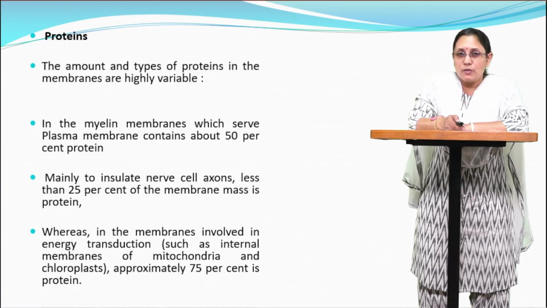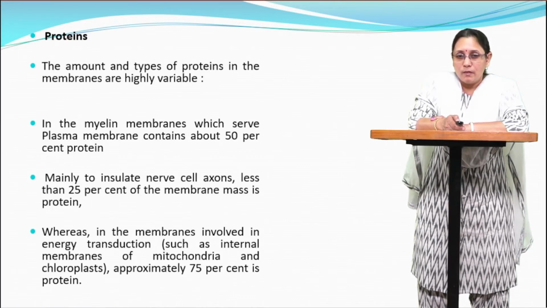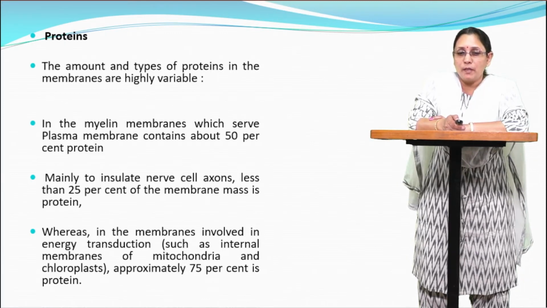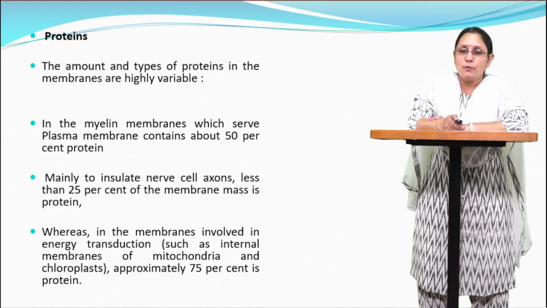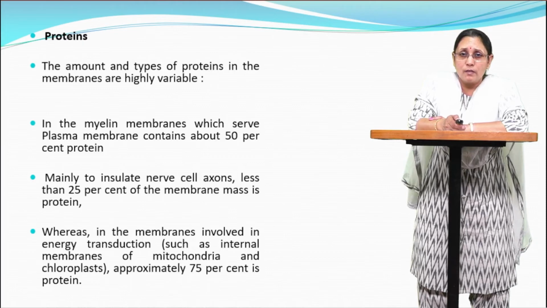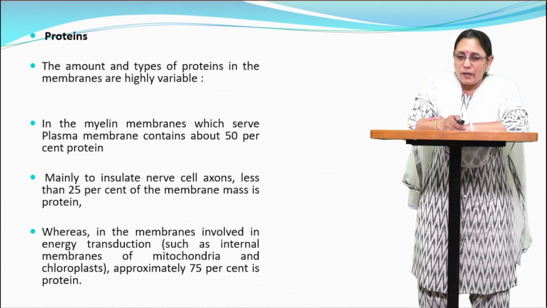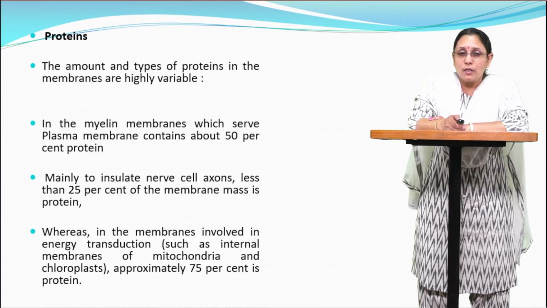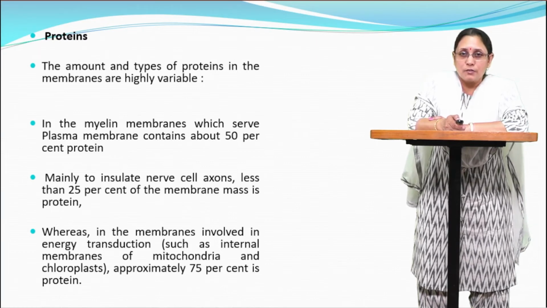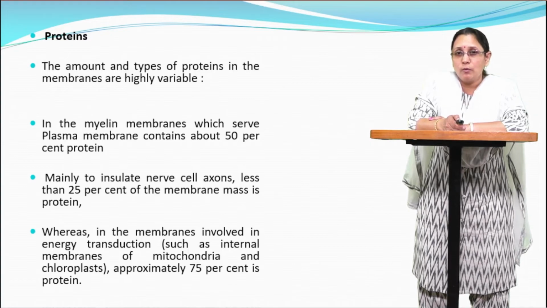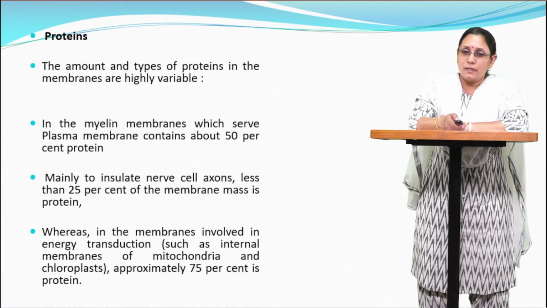Myelin, which is associated with the nervous system, contains about 50% protein, mainly to insulate the nerve cell axon, while less than 25% of the membrane mass is protein in others. In membranes involved in the energy transduction mechanism, as in the mitochondrial inner membrane and chloroplast inner membrane, about 75% is protein, which helps in the mechanism of energy transduction, the synthesis of ATP molecules, and other high energy components.